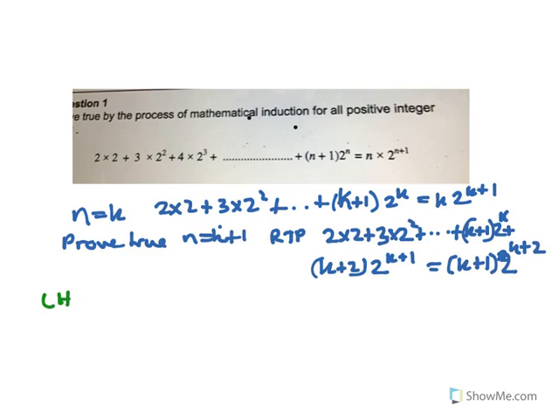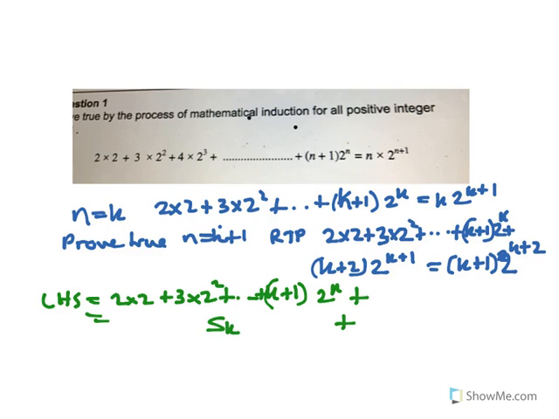Okay, so in order to prove that, on the left hand side, the part up to (k plus 1) times 2 to the k represents the sum to k, and (k plus 2) times 2 to the k plus 1 represents the (k plus 1)th term. And what we're trying to do is make all of that equal (k plus 1) times 2 to the k plus 2.